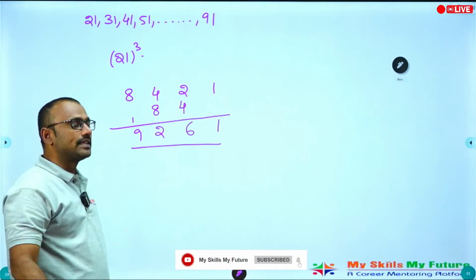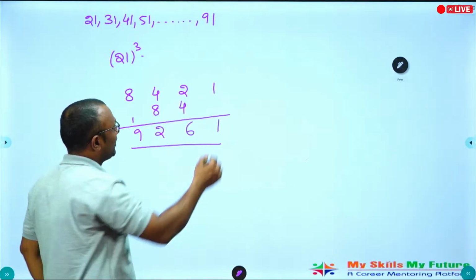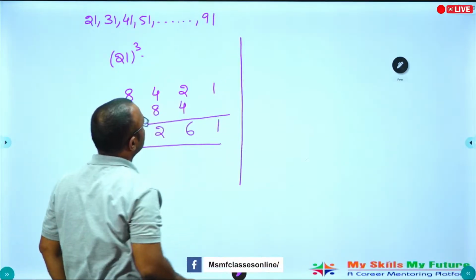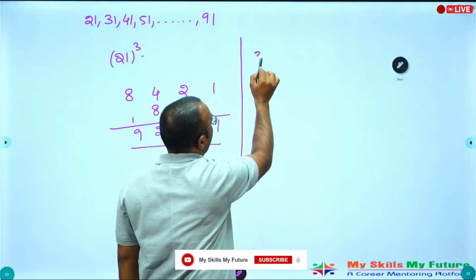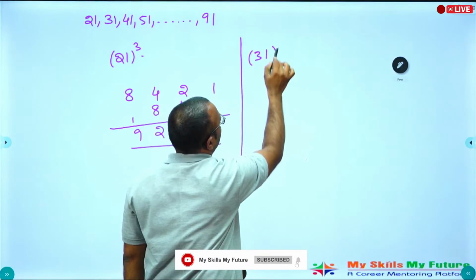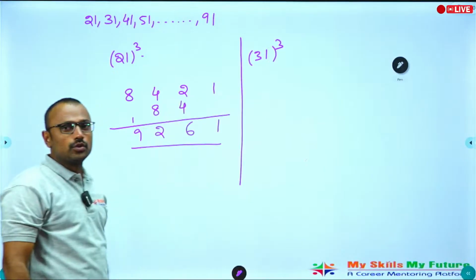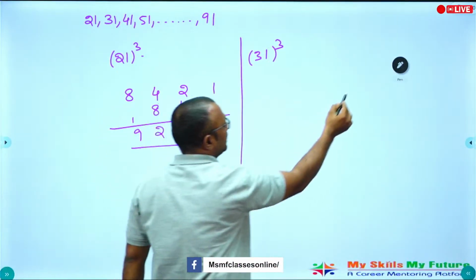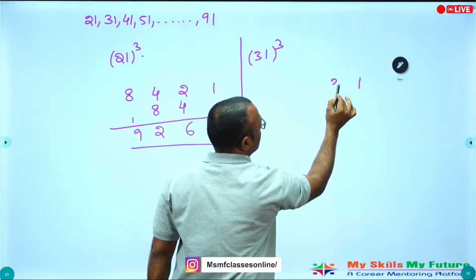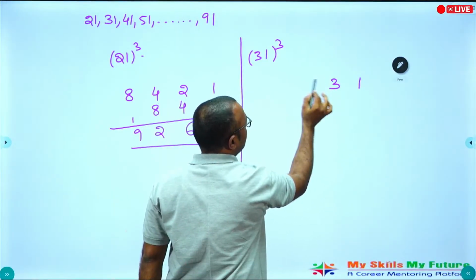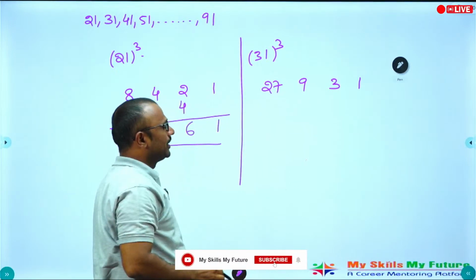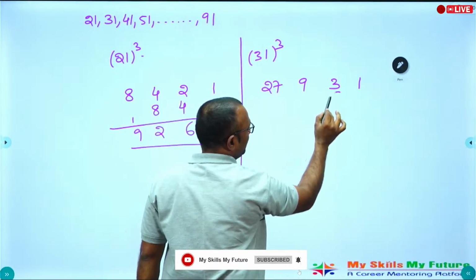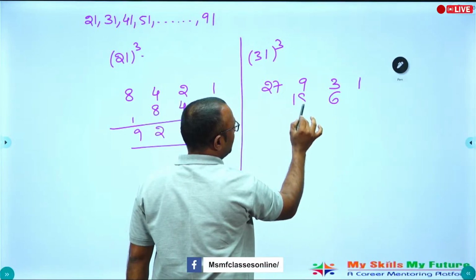One more example for this, 31. 31 cube. Write 1, 3, 3 square, 3 cube. Twice the number here we get 6, here we get 18.